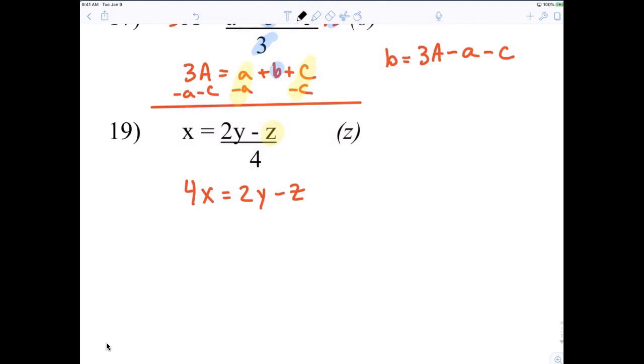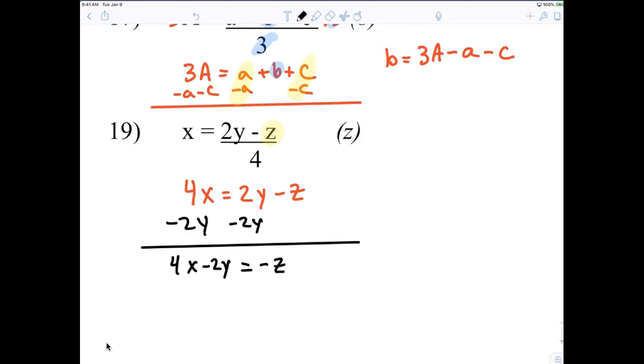So if I'm solving for negative b, would I have to get rid of 2y? Yes, you do. How do I do that? Subtract. Right. So I'm going to put a minus 2y, minus 2y. And so now I get 4x minus 2y. Here's a hard one. What does that equal? Negative z. Thank you, Leighton.